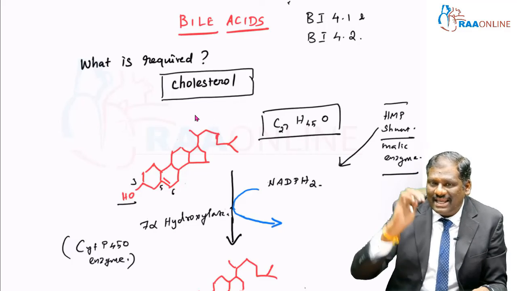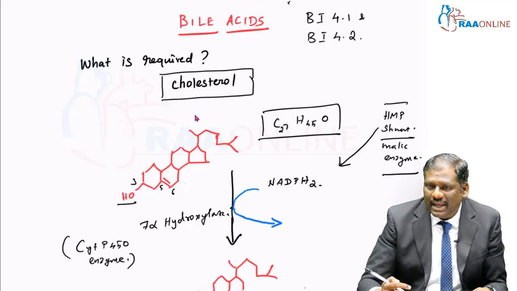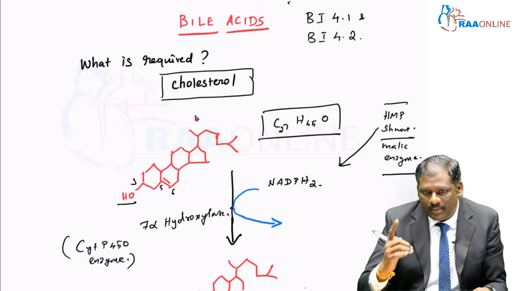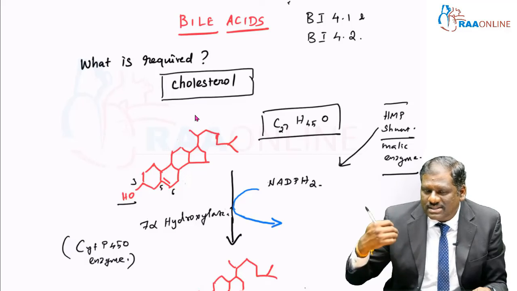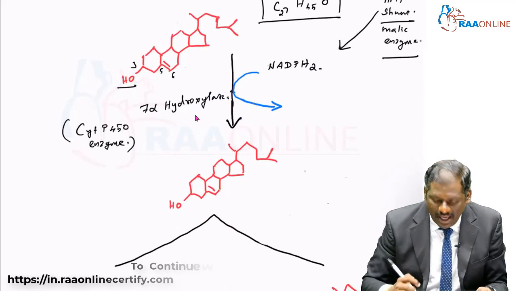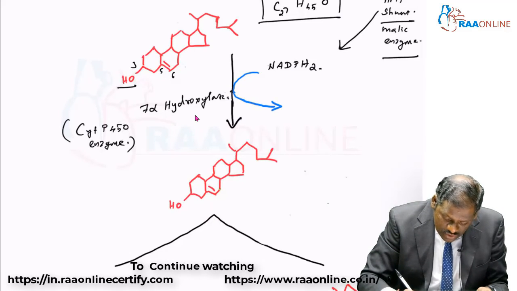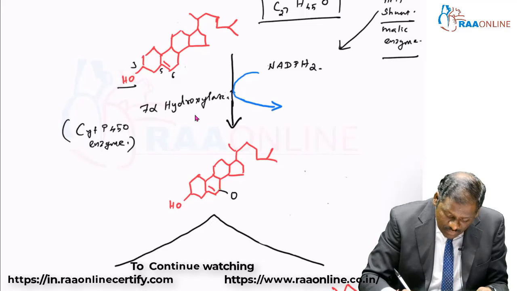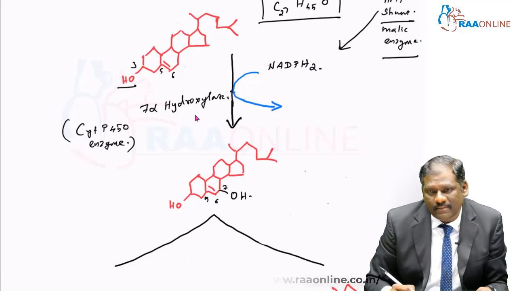You remember the fatty acid synthesis also requires reducing equivalents in the form of NADPH2. Right? Now, this NADPH2 provides the reducing equivalents so that this hydroxylation is carried out, and you attach an OH group at the 7th position. You remember 5, 6 and 7.